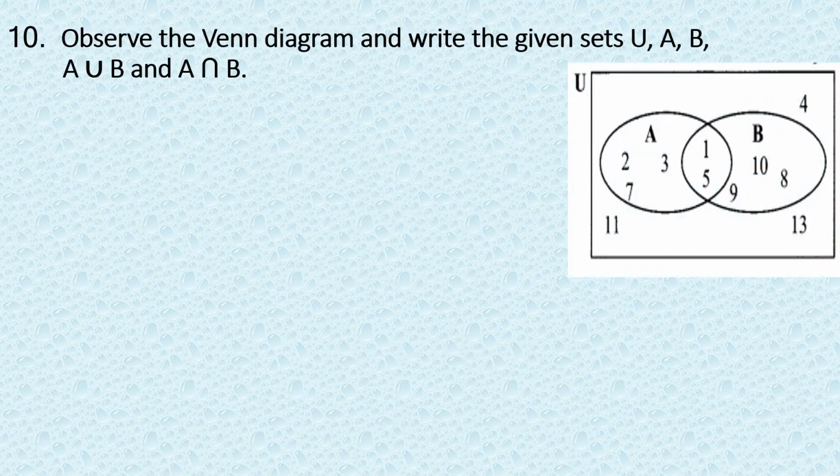10th question. Observe the Venn diagram and write the given sets U, A, B, A union B and A intersection B. First of all, write down the universal set.